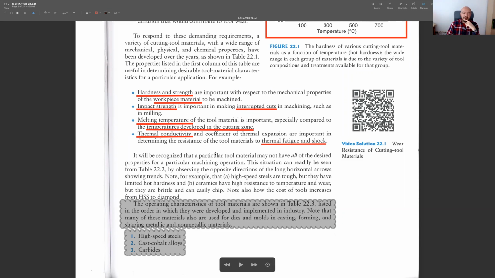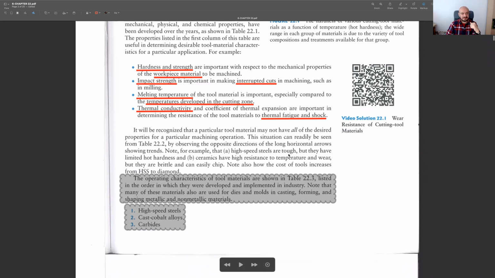Another thing, thermal conductivity should be higher so that the heat generated will not stay in the same region. It will be dissipated and spread out, so that again we will not have deformation on the cutting tool. And with the help of these, the cutting tool will have good thermal fatigue properties.